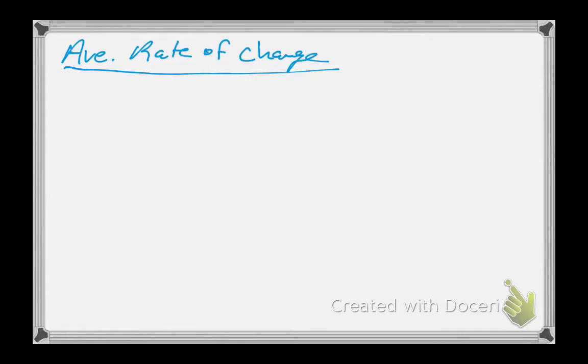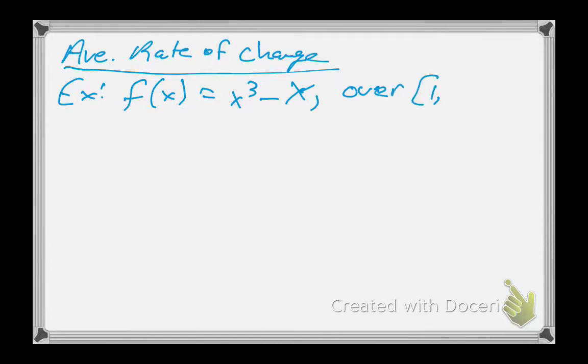And the way that we find that is finding the slope of the secant line that connects the 2 points. So for instance, if we had the function f of x equals x cubed minus x, and we wanted to know what is the average rate of change over the interval from 1 to 3.